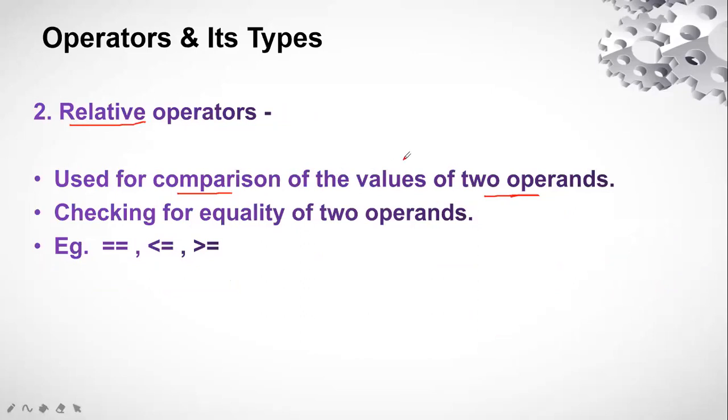So it can be checked with equal, equal, greater than, less than, less than or equal to, greater than or equal to, etc. For example, I can check whether A is equal to B. I'm going to check the values within A and B. Let's say A has 10 and B has 20. So this condition is false. 10 is not equal to 20, right? So to compare the values of two operands, I use relational operators.